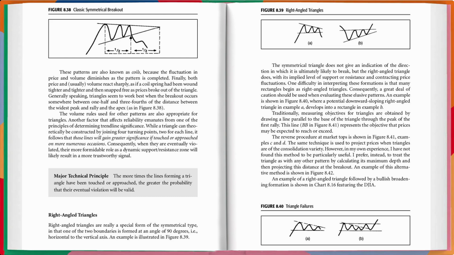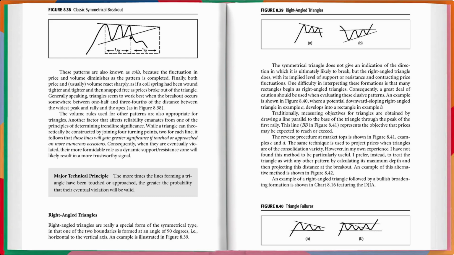Consequently, when they are eventually violated, their more formidable role as a dynamic support/resistance zone will likely result in a more trustworthy signal. Major technical principle: the more times the lines forming a triangle have been touched or approached, the greater the probability that their eventual violation will be valid.